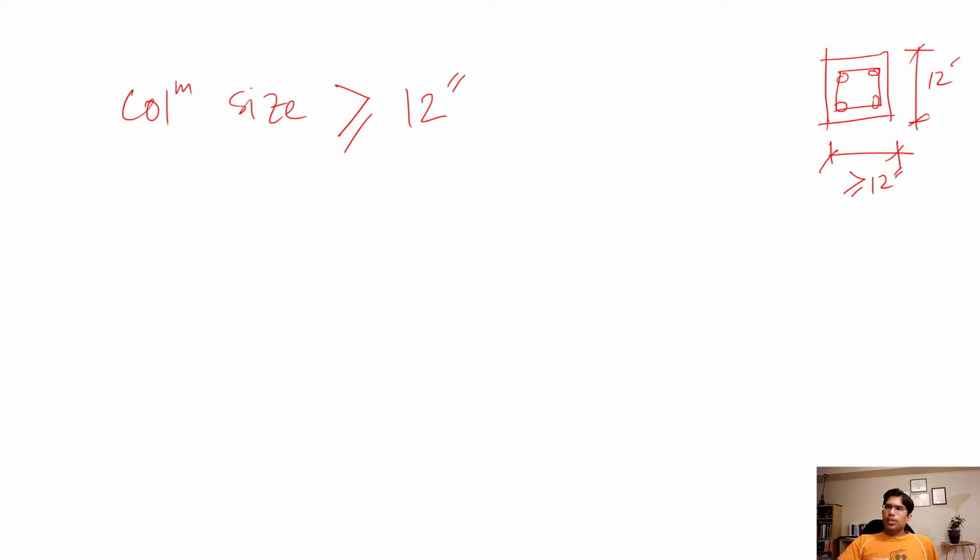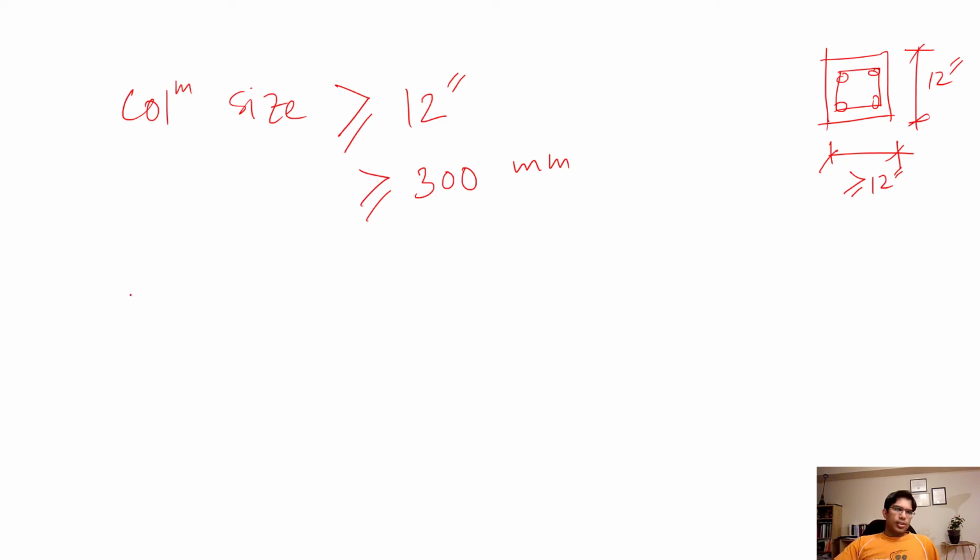And what is 12 inch? As you know, 1 inch is 25 millimeter, so 25 multiplied by 12, our column size should always be at least 300 millimeter. Do not design a column with less than this size.